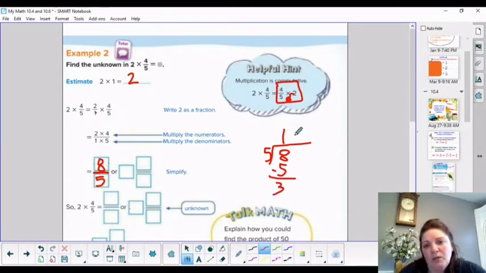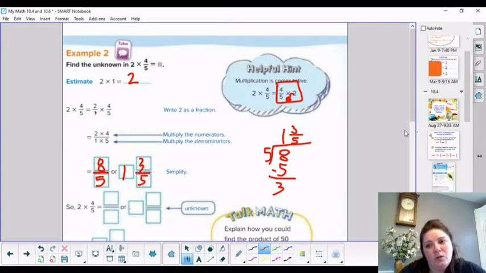Now we're not writing a remainder because we want this as a fraction. So we take our remainder, goes up here as our numerator, and then we take our divisor, the number of equal groups, and that becomes our denominator. So 8/5 is the same as 1 whole and 3/5 left over.